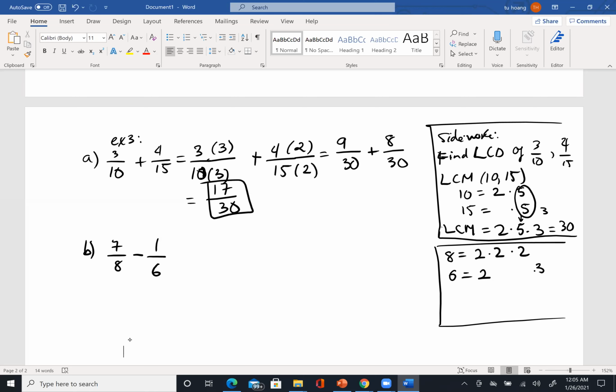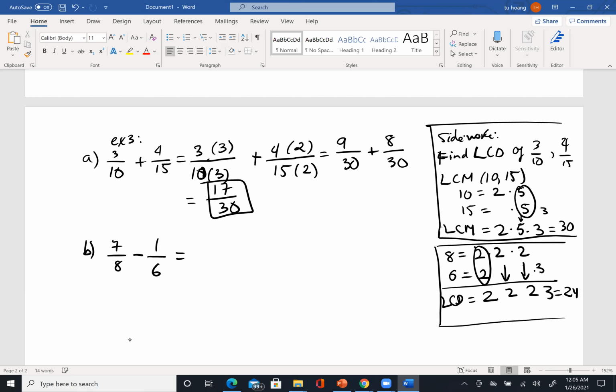So now the LCD will be equal to the common factor, which is 2, only 1. And then this one doesn't have anything in common, so 2. This one also doesn't have anything common, so 2. And then the number 3. And then you will have 2 times 2 times 2 is 8, multiplied by 3. It's going to give you 24.